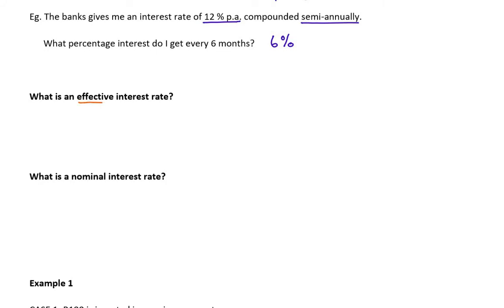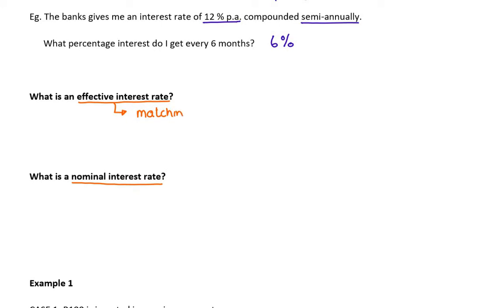There's something called an effective interest rate, and there's something called a nominal interest rate. An effective interest rate is where the per annum matches when you compound. So this is when you have matching time periods.